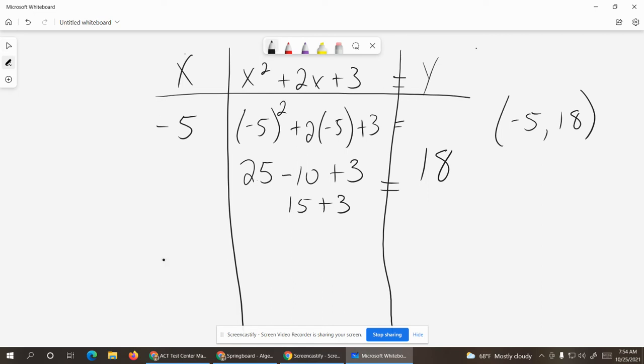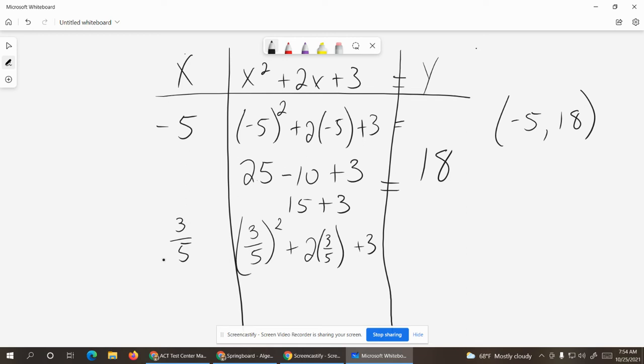If this is 3/5, right? 3/5. So 3/5 squared plus 2 times 3/5 plus 3. And again, this shouldn't scare us at all. Just because it's a fraction, we work it in parts.